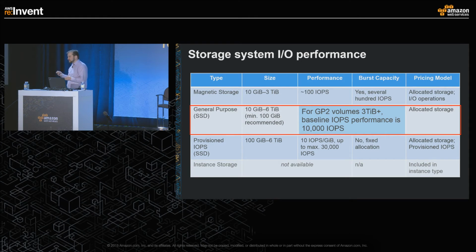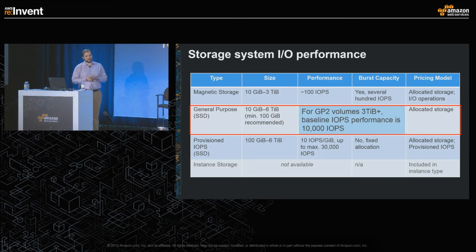Some of you might know this, but I'm gonna mention this as well. If you create GP2 volumes that are larger than 3 terabytes in size, you actually get a baseline performance, not burstable, but baseline performance of 10,000 IOPS.